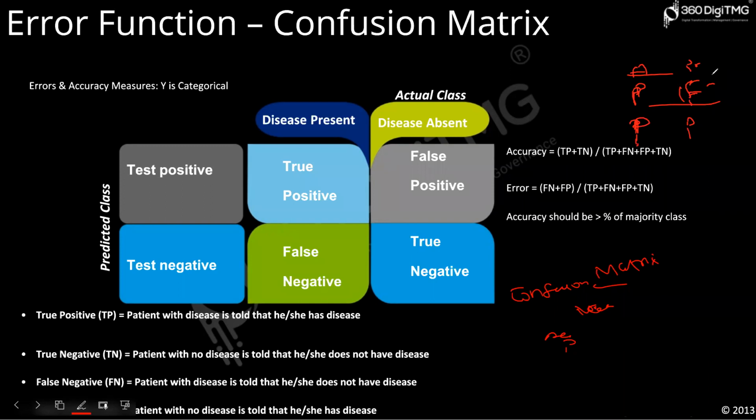Fail means negative. This is true positive. This is false positive. This is false negative. This is true negative: actual value is fail, predicted value is also fail, so this is true negative.